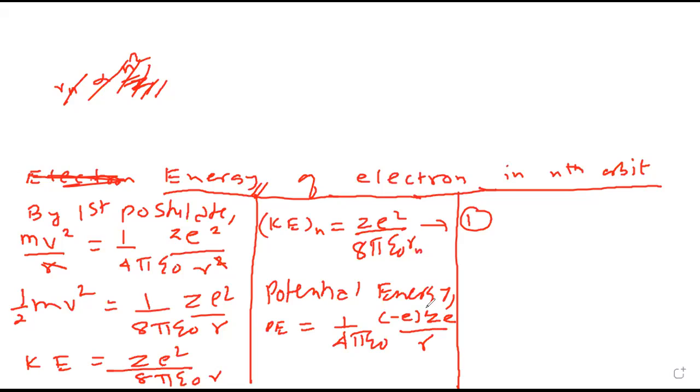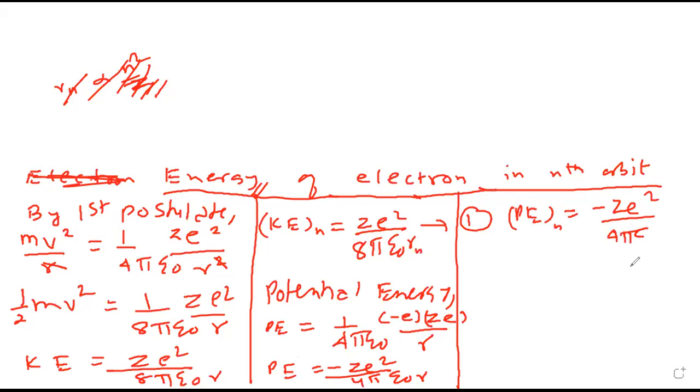Remember this formula from electrostatics, 1 upon 4 pi epsilon naught Q1 Q2 upon distance. So minus z e square upon 4 pi epsilon naught r. That means potential energy in nth orbit is minus z e square upon 4 pi epsilon naught r n.